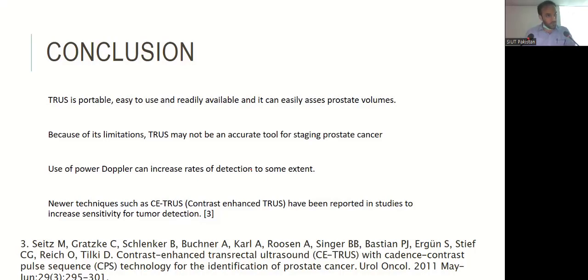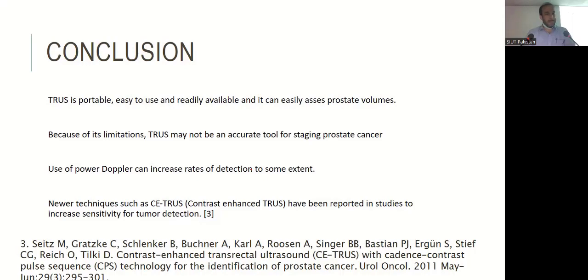This is coming up because of its portability, its low cost, and its availability in many other areas. For instance, you can move it to different rooms within the same hospital, or to different hospitals within the same city. So with one machine, you can do justice to many patients and many pathologies. This is the advantage of this technique.